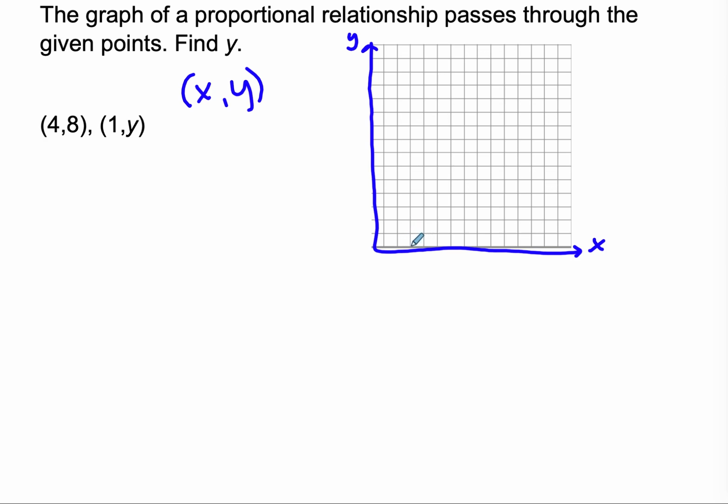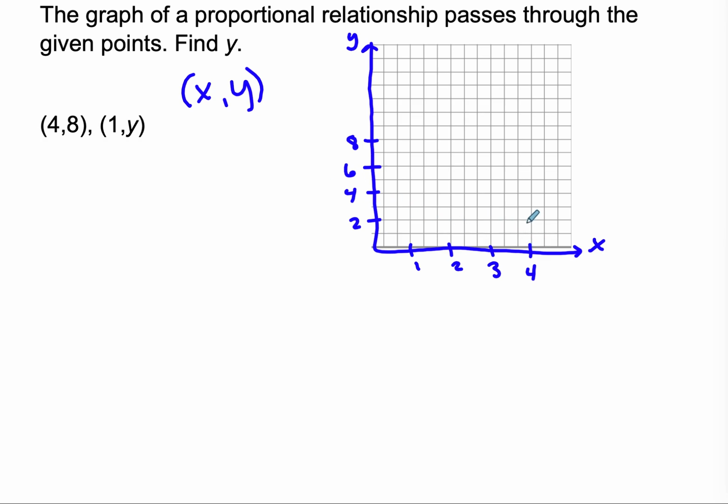Okay, so I'm going to go ahead and put some numbers here. Pay attention to how many spaces you're going in between each thing. Make sure it's the same. 2, 4, 6, 8. Okay, so I'm going to start by plotting the point that I do know, 4, 8.